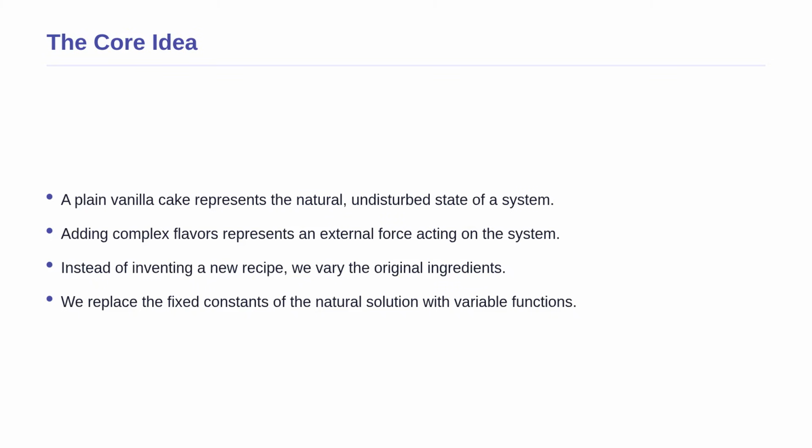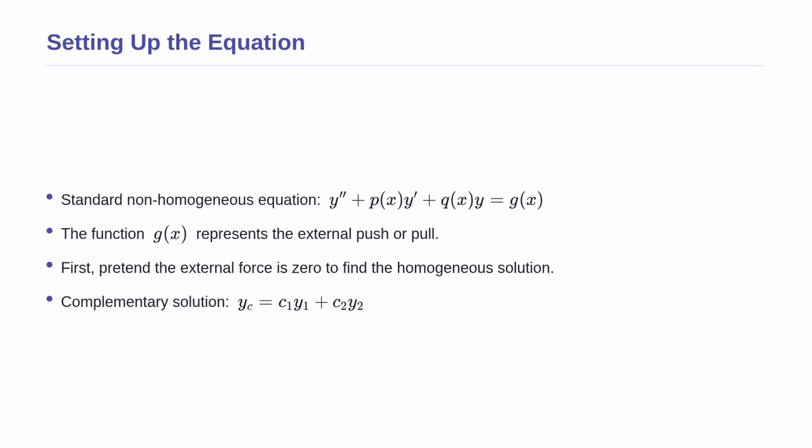In differential equations, when an outside force pushes on a system, we do not guess a completely new formula. Instead, we take the constant numbers from the natural bouncing formula and allow them to change or vary over time.